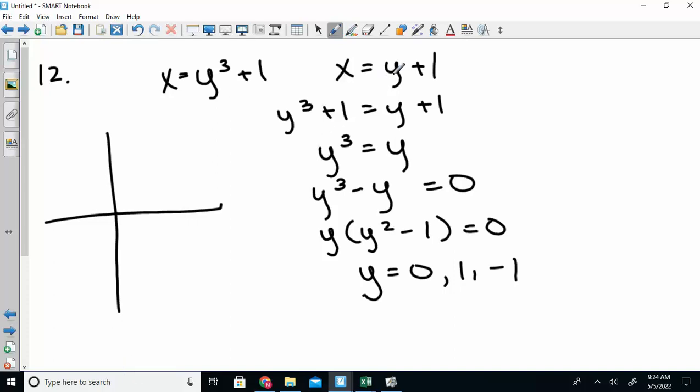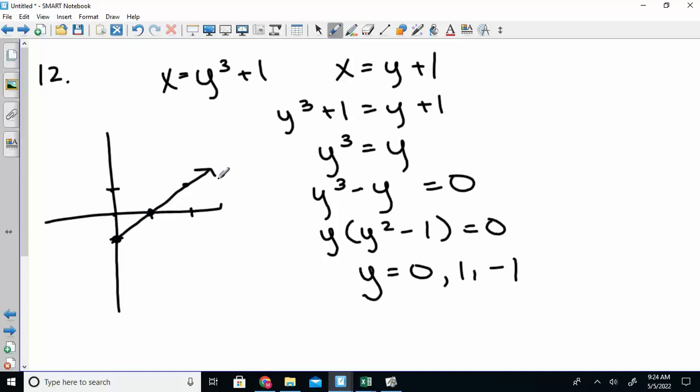Okay, figure out our graph. If I plug in a negative 1 for my y, negative 1 plus 1 is 0, so x is 0. If I plug in a 0 for my y, 0 plus 1 is 1. If I plug in a 1 for my y, 1 plus 1 is 2.